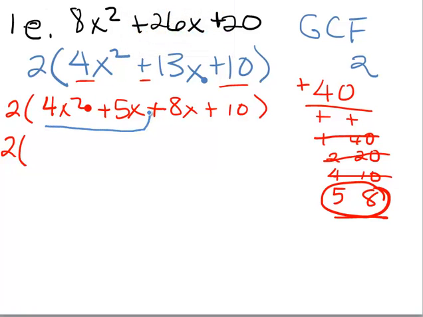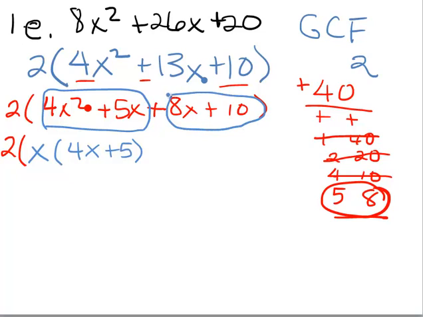With this group, the thing they have in common is x. So I'll have x times 4x plus 5. And with this group, the thing they have in common is 2. So I'll have 2 times 4x plus 5.